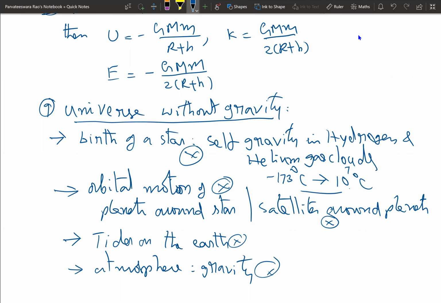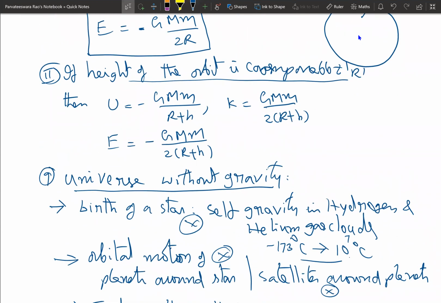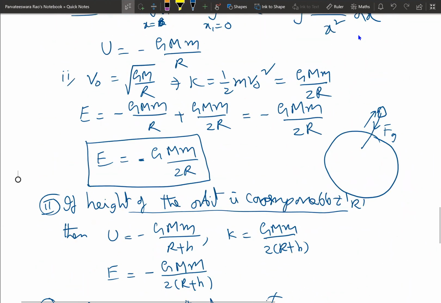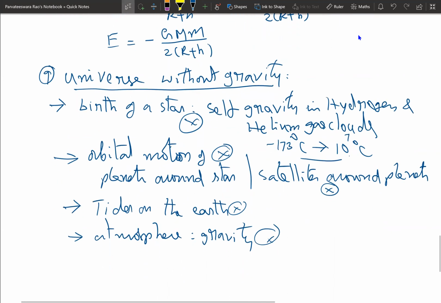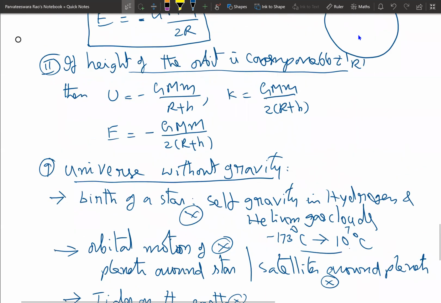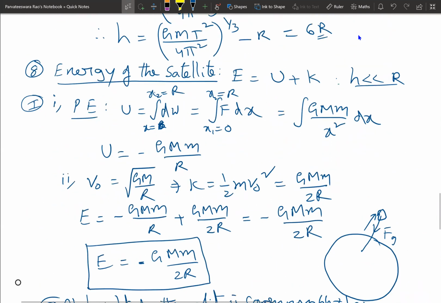Therefore, we cannot imagine the system to survive for millions and trillions of years if the gravity is absent. So gravity is a must for the universe to sustain. Yes or no? Yes, sir. Have you noted? Yes, sir. Okay.